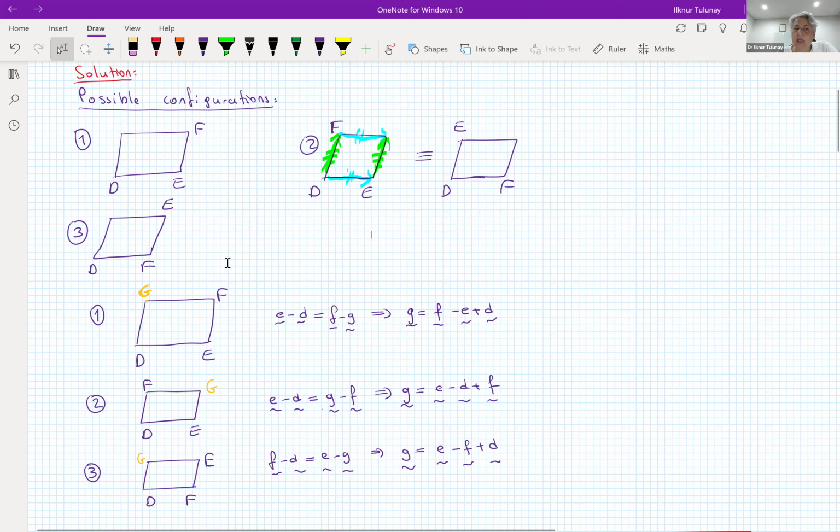Then what else can we change? I can swap the E, F positions. Then this is not equivalent to this one, and this is also equivalent to this one. So we have 3 possible configurations for these 3 points. So let's name this empty point G, and write it down in terms of the vector equations. These are the vector equations.